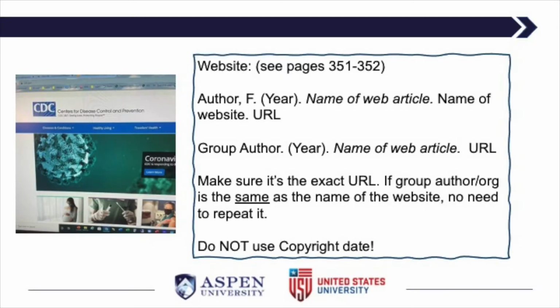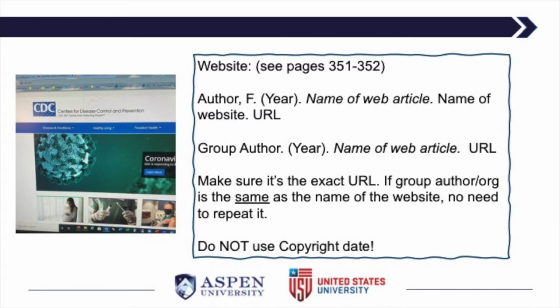Websites seem to be very confusing for a lot of people to reference. On pages 351 to 352 in your APA manual, there's very specific types of websites that are identified, and it gives you examples of how to cite a website as well as how to format the reference.